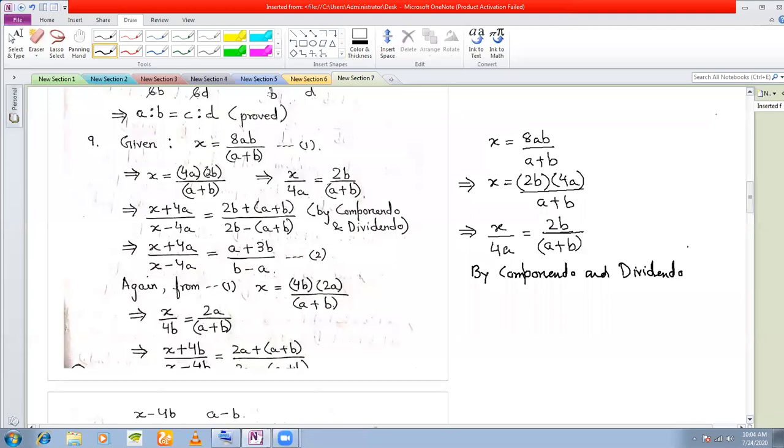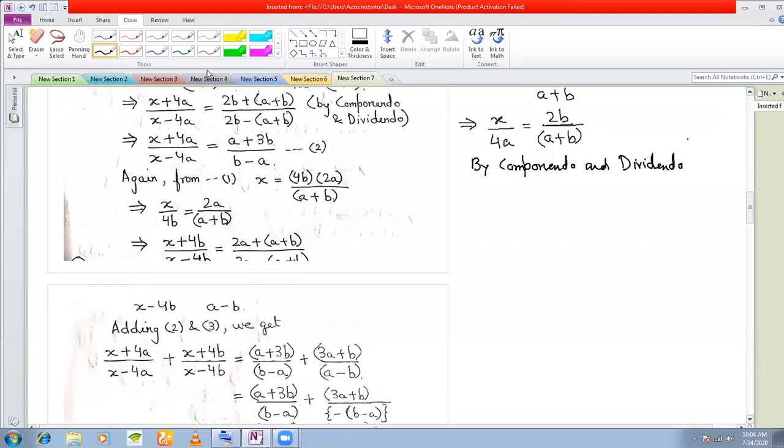By componendo and dividendo, x plus 4a divided by x minus 4a: addition and subtraction of numerator and denominator for the first fraction, and for the second fraction you do the same, numerator plus denominator divided by numerator minus denominator.